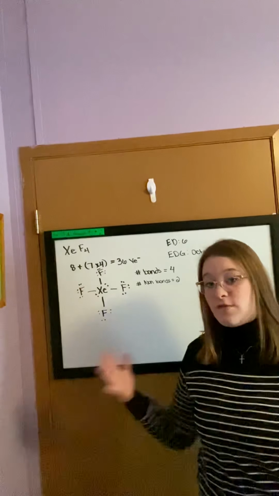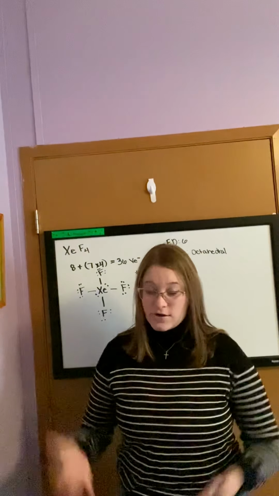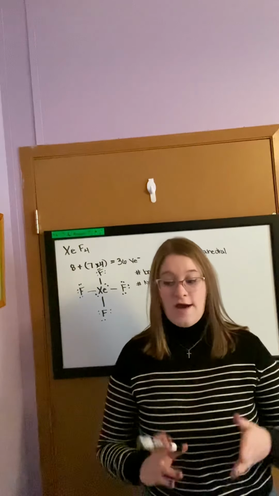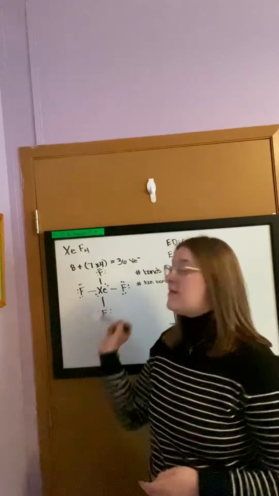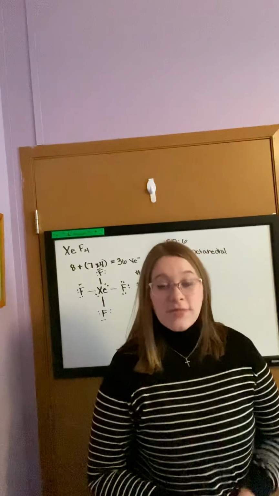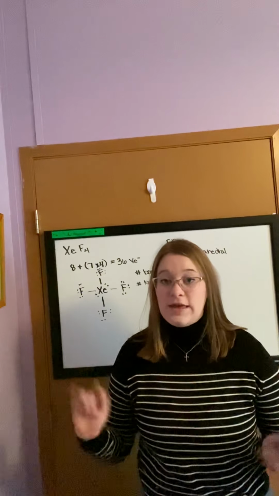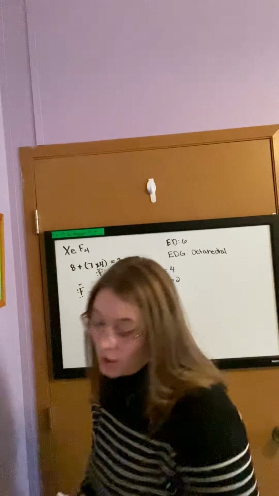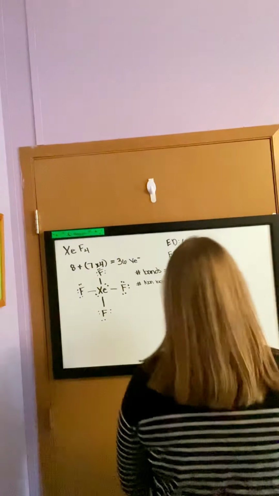Like as we draw the shape, it will not be an octahedral, which means that you have 6 different bonds going 6 different places. It will be a square planar. So, the molecular geometry is a square planar.